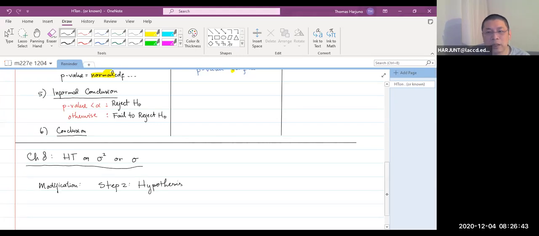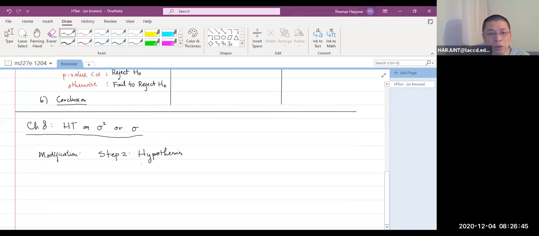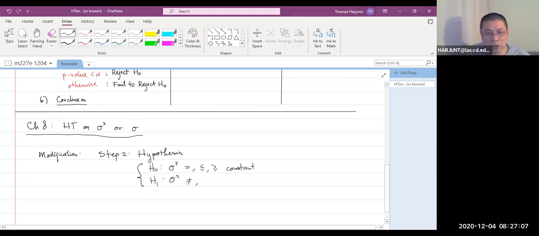We will be testing not the mu, not the p, but the sigma squared or sigma. So it's either sigma squared equal to, less than or equal to, greater than or equal to a constant, as opposed to not equal to, greater than, less than a constant.